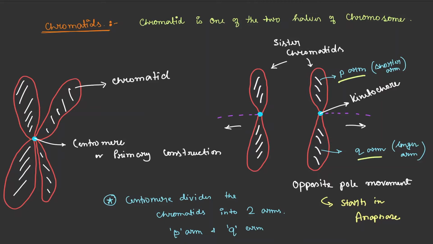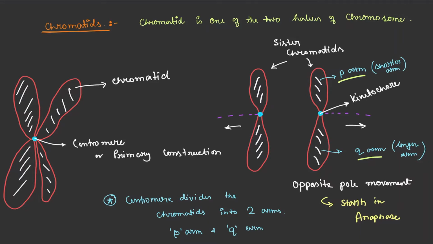I will discuss this in a later video, where I will cover the classification of chromosomes on the basis of the position of the centromere. The shorter arm is named the P arm and the longer arm is named the Q arm.